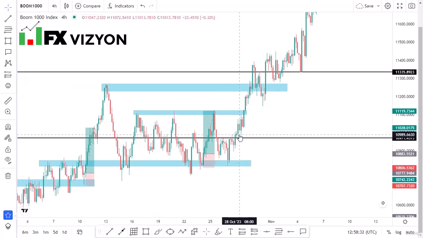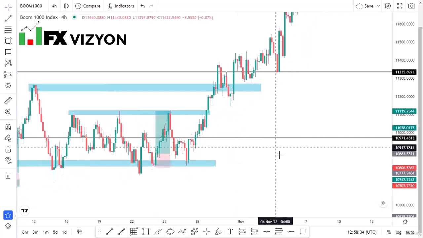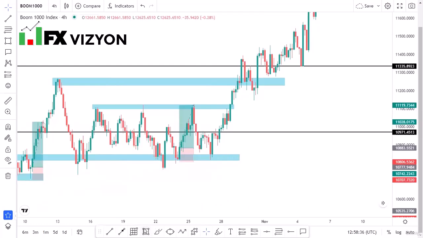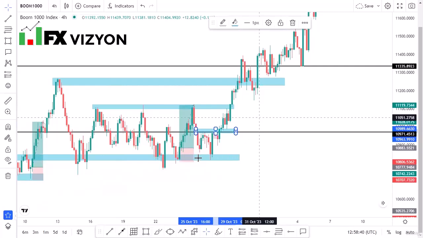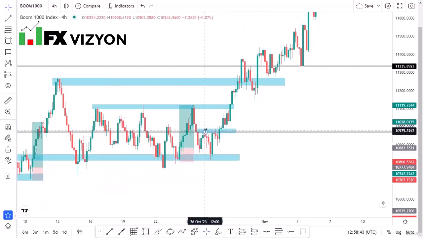So if we had a nice pullback on this one, then on the lower time frame we might try to take it, because of course it is a resistance. Look at this, price pushed to the downside, then again validation, then we broke it. After we broke it, price came, retested it, then the moment this candlestick closes, we can now think of entering the market.